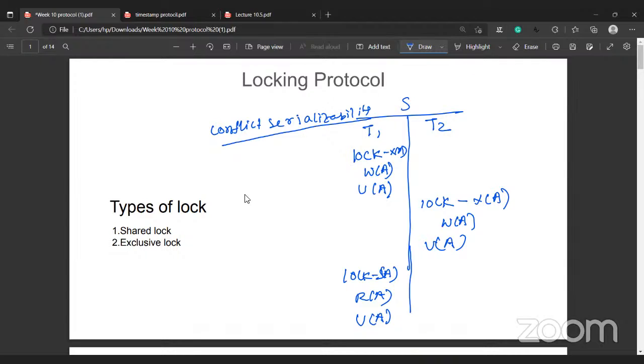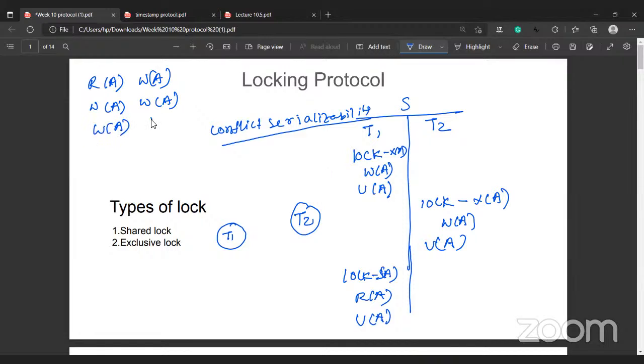So you have to draw a precedence graph, right? There are T1 and T2. You can see what the conflicting instructions are: read A, write A, and write A, write A, and write A, read A. These are the conflicting instructions, right?